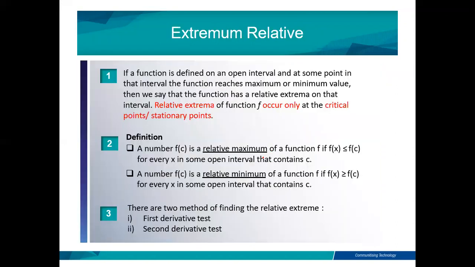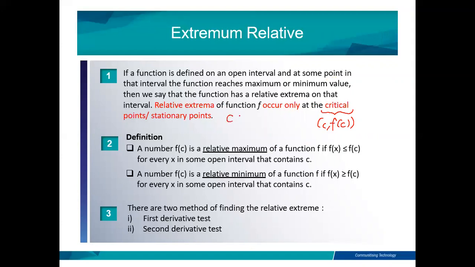Let's see the next one, which is extrema point. In this subtopic, we will use the term relative extrema. What is a relative extrema? Relative extrema of a function occur only at the critical point or stationary point. What is a critical point? The critical point is at c, f of c. You must first find the critical value.